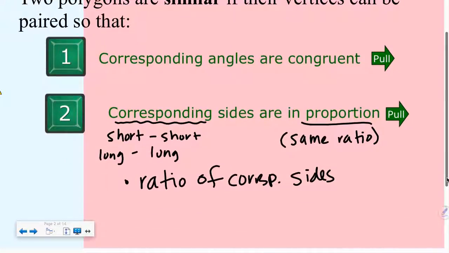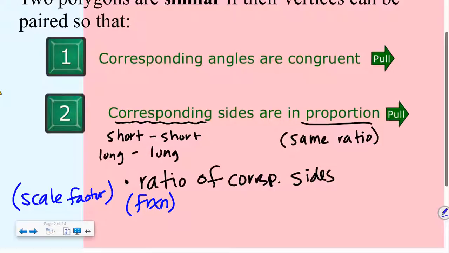Since in math we've been writing our ratios as fractions, your similarity ratio should always be written as a fraction in lowest terms. And I will also refer to a similarity ratio as a scale factor, so make sure you put that there as well. Scale factor and similarity ratio mean the same thing.